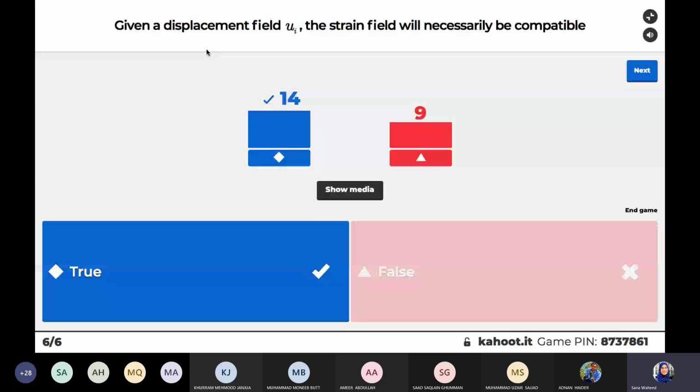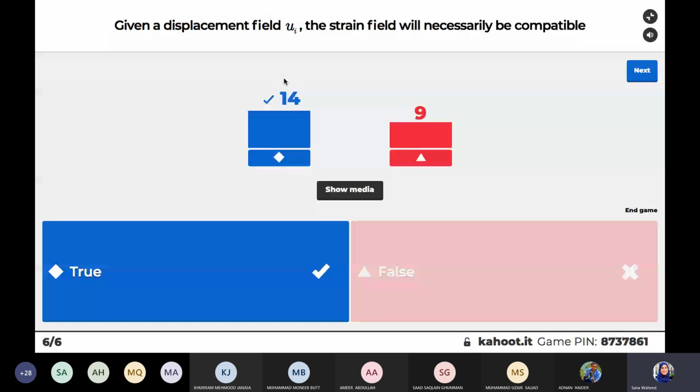Whereas if we already have the unique displacement field known, our u1, u2, u3 known, then we have no problem and we can straightforwardly find the strain. That strain, by definition, because it's calculated from the unique displacement field, will definitely be compatible. So this was actually true.